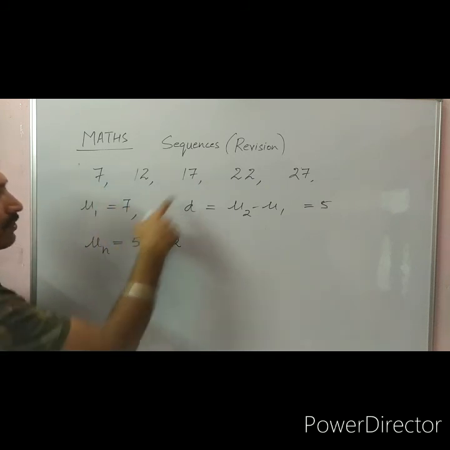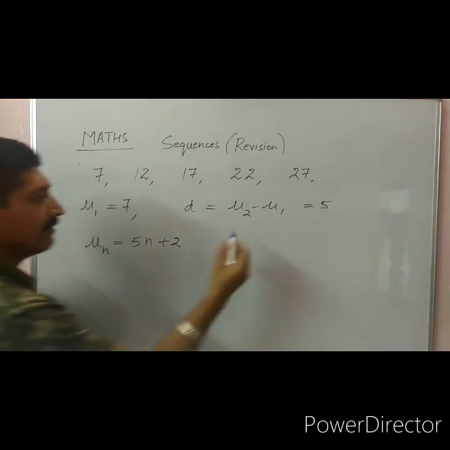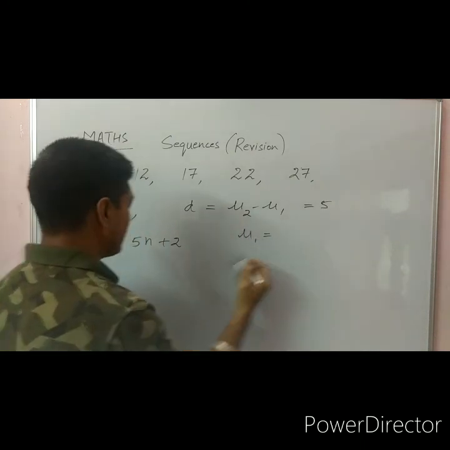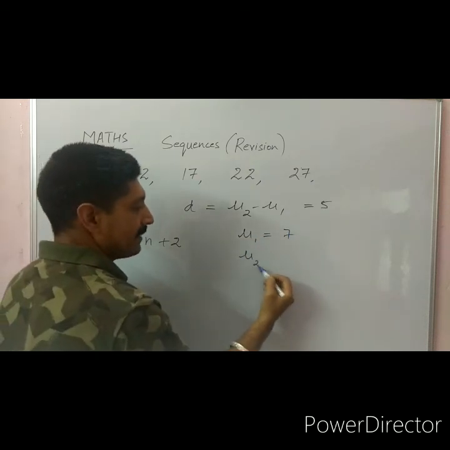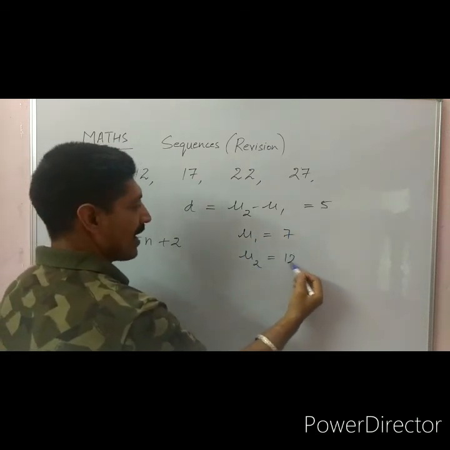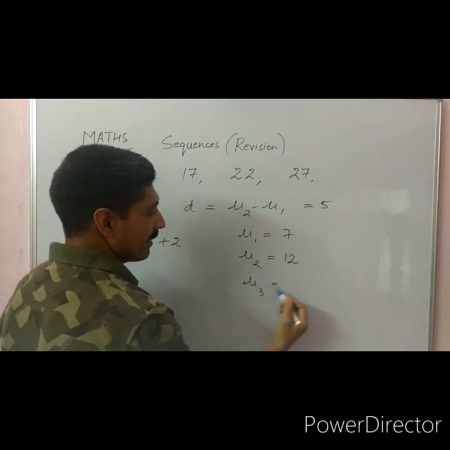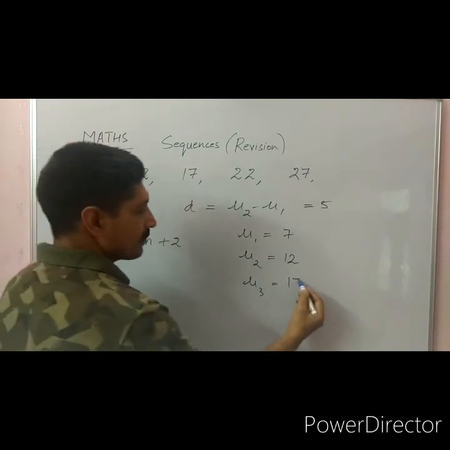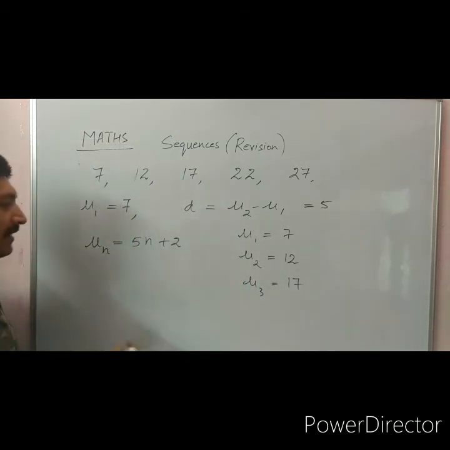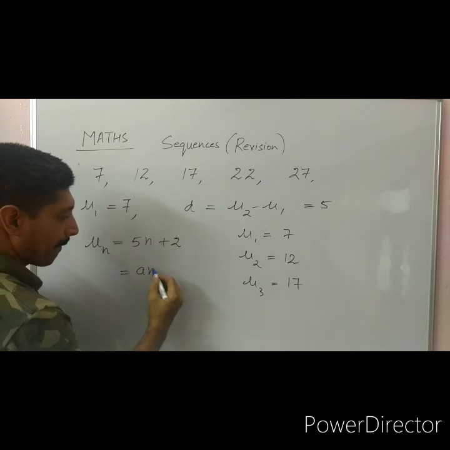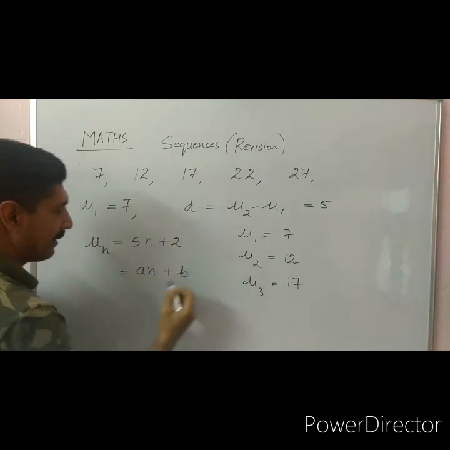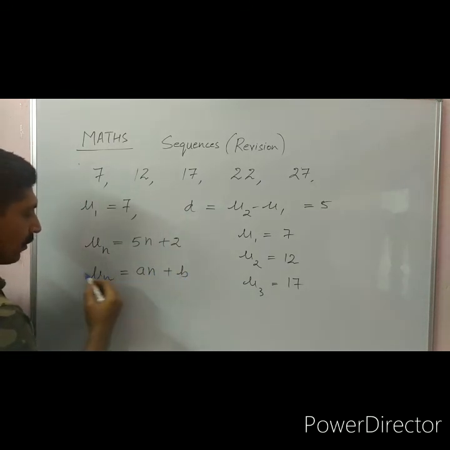If n is 3, we get 17. So the first term of this AP is 5 plus 2, 7. The second term is 10 plus 2, 12. U3 is 17. So, as I have discussed with you, this is in the form of an plus b, where a and b are constants.